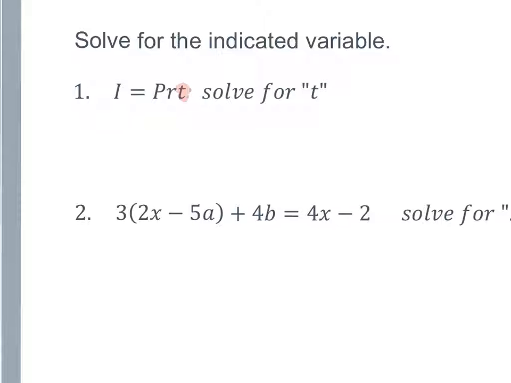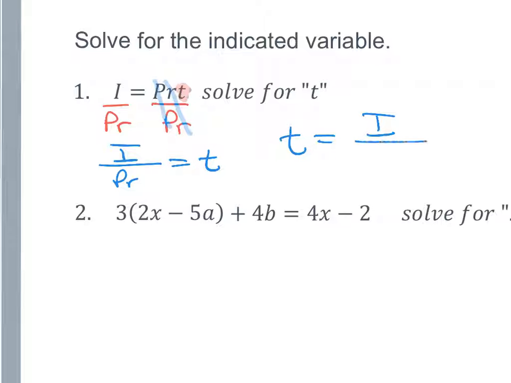So I'm going to undo or move the P and the R to the other side. Notice that P, R, and T are all being multiplied. So to undo the multiplication, I am going to divide both sides of my equation by the P and the R. That will cause the P and the R to cancel out, leaving me with I divided by PR equals T. So T is equal to I over PR.